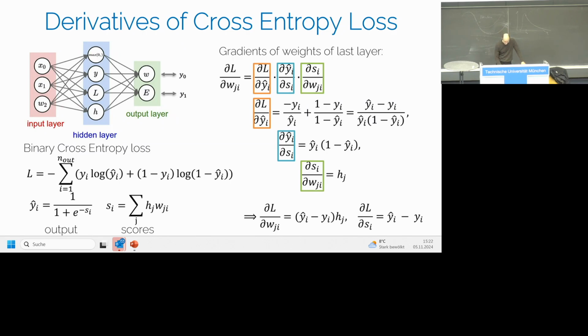And you can see if the prediction is correct, the update of the weights is 0, because we update the weights according to the gradient, right? This update is 0 if and only if the prediction and the target are identical. Then the difference is 0, and the weights don't need an update because the prediction is perfect.